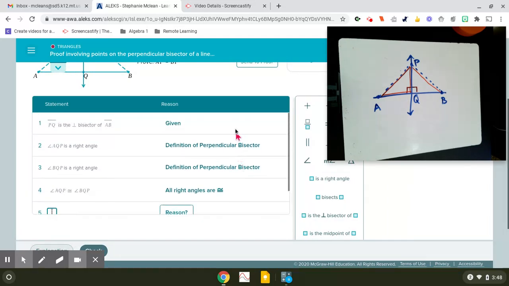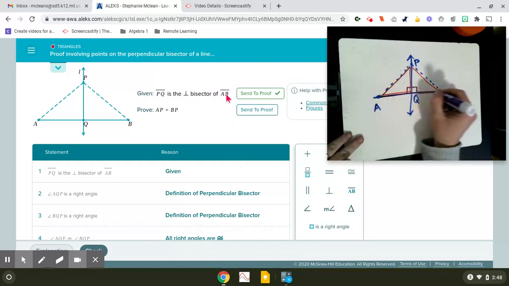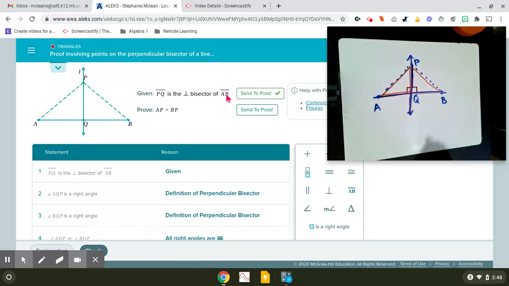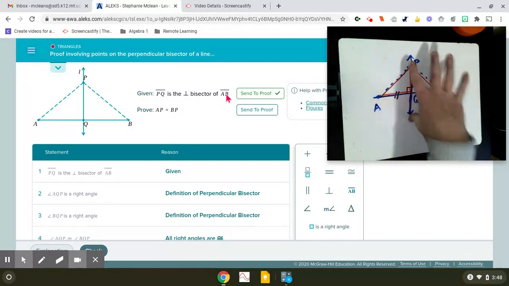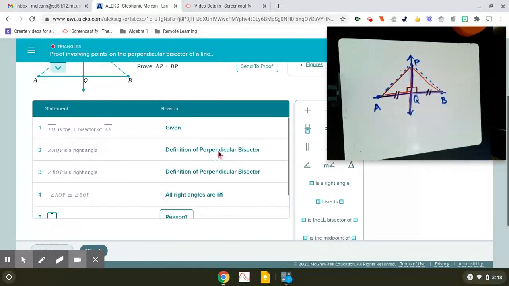Now it says it's a perpendicular bisector of the segment AB. Okay, so the segment AB is being bisected by the line PQ. So bisect means it divides the segment into two equal lengths. Okay, so because PQ is bisecting AB, it means AQ equals QB.